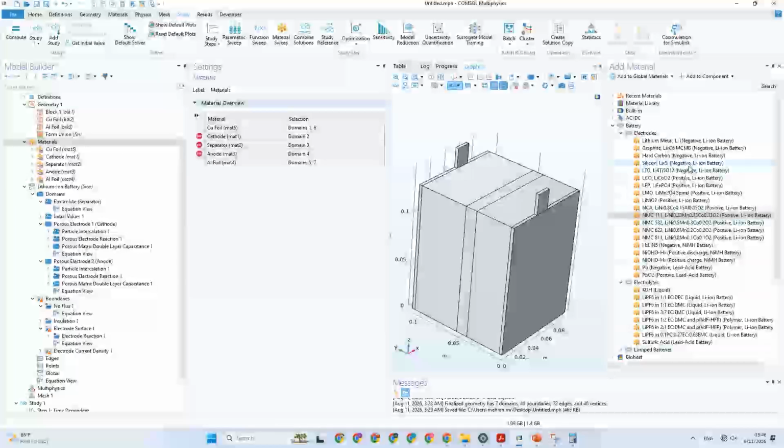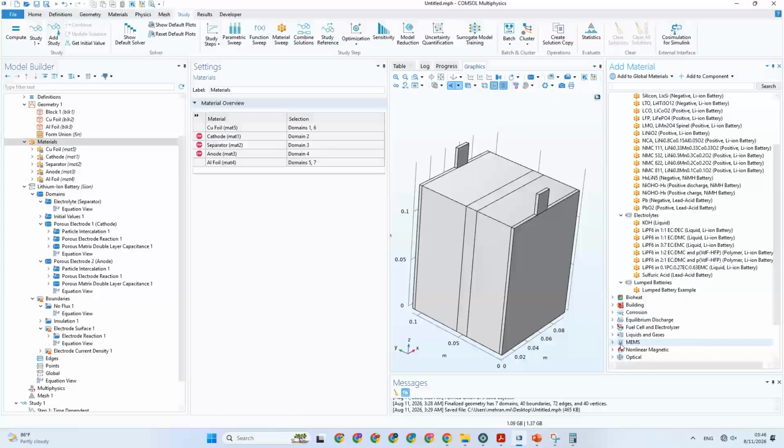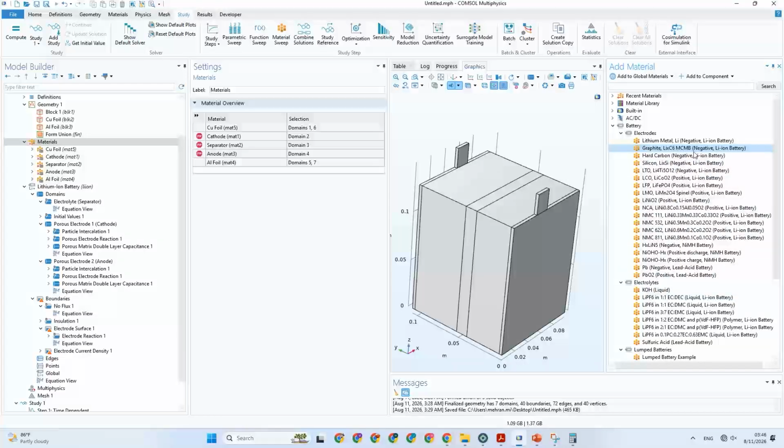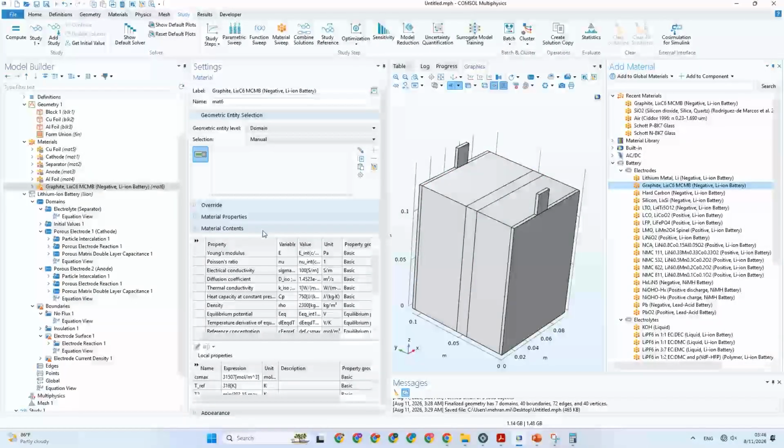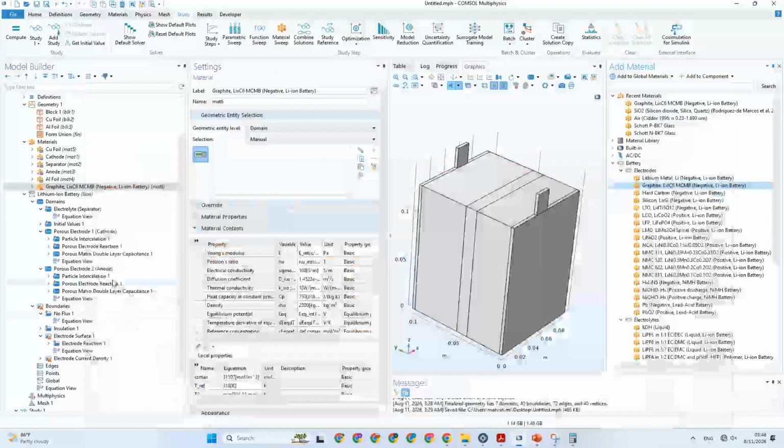MCMB. I saw that. Where is it? Here we have MCMB, and there is nothing. Okay, we have MCMB. I added it. It must be MCMB, negative or anode.